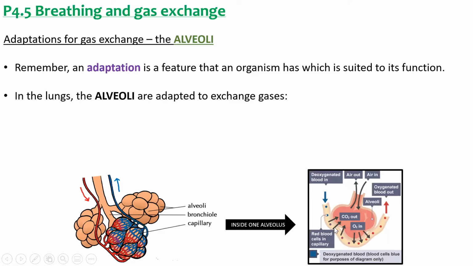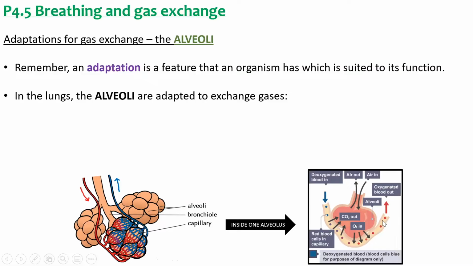So deoxygenated blood comes in, and carbon dioxide is given out to the alveoli, which is breathed out by us. When we breathe in, oxygen goes into the alveoli and into our bloodstream. The red blood cells, these little things here, carry the oxygen around the body in the blood.